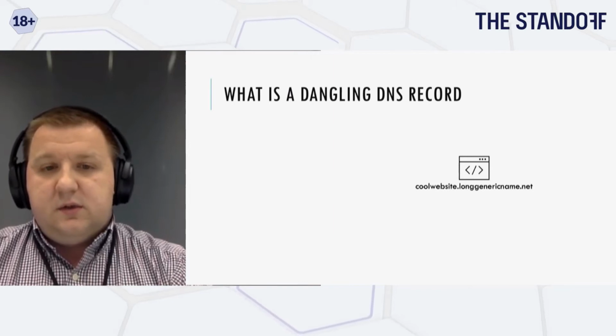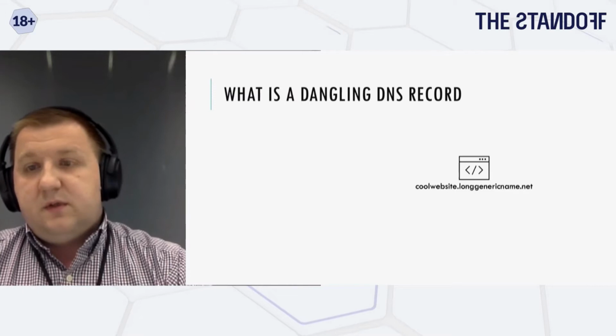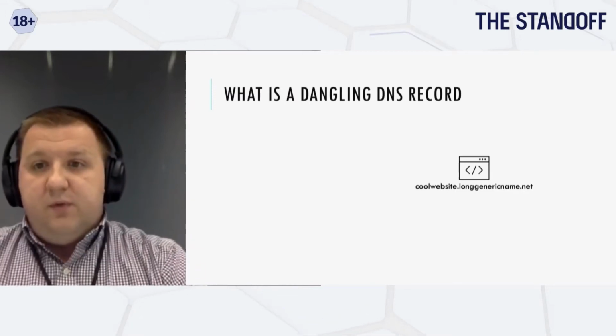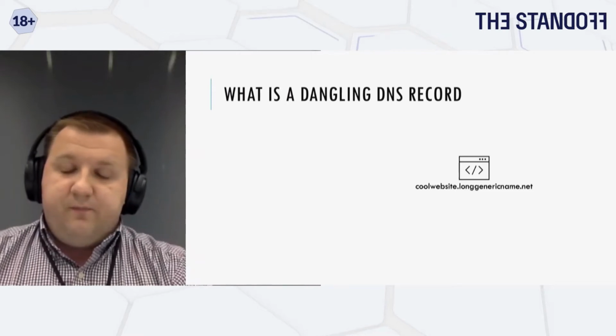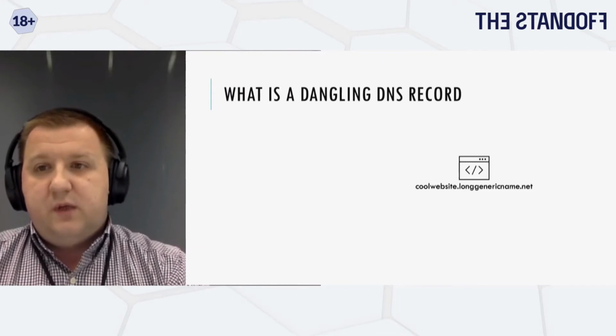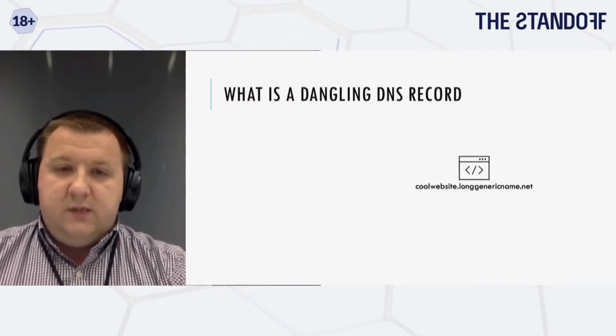Now, let's try to identify what a dangling DNS record is. A dangling DNS record obviously should, as the name suggests, point to a non-existing resource. So imagine that a user has decided to create a website. So this user turns to a hosting service, creates a cool website there.